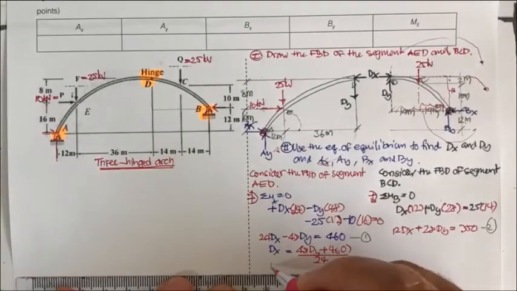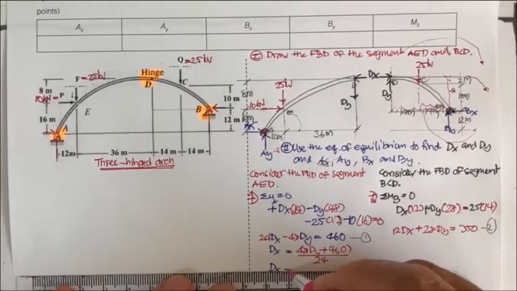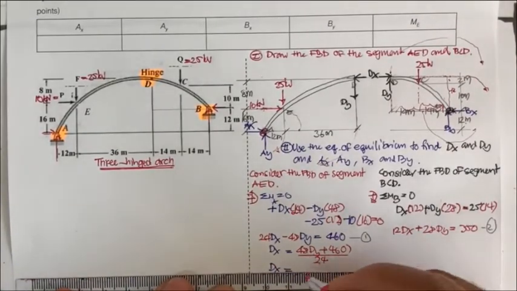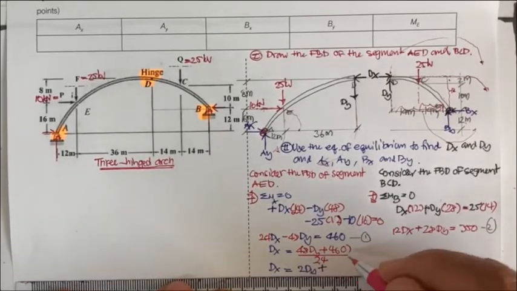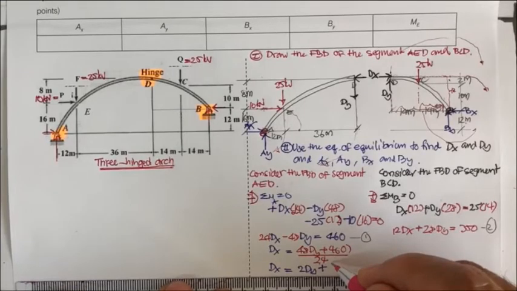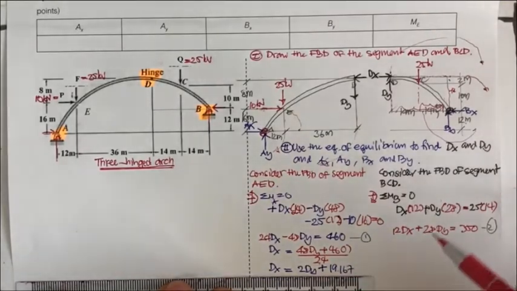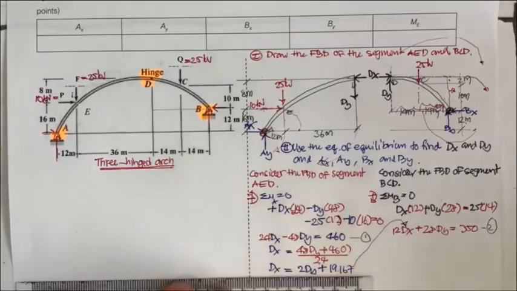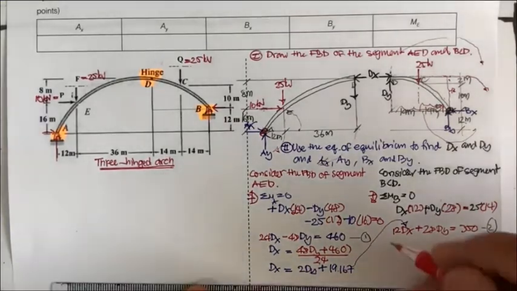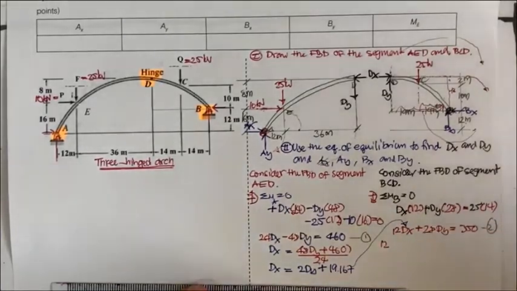And if you do this, D sub x is going to be equal to 2 D sub y plus 460 divided by 24, which is 19.167.